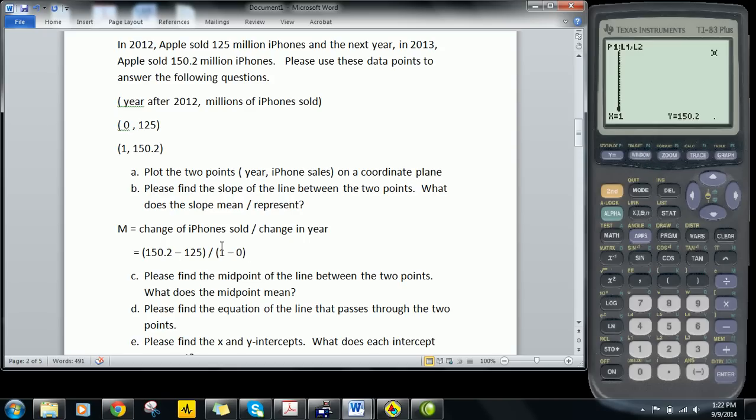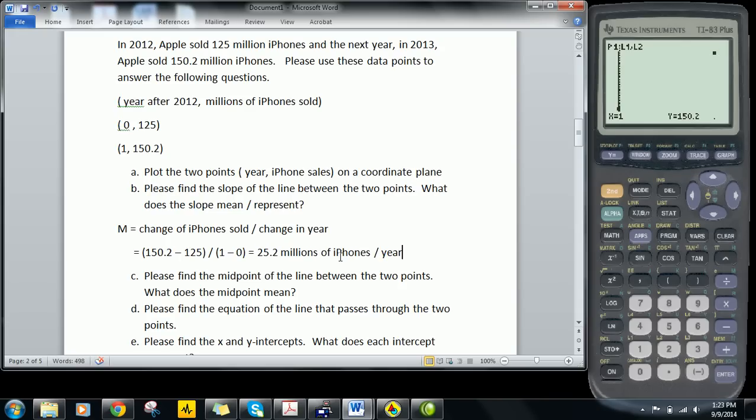Change in iPhones, change in year. And that gives me 25.2 over 1. And because it's a particular context of this problem, it's millions of iPhones per year. Right? So there's my slope.